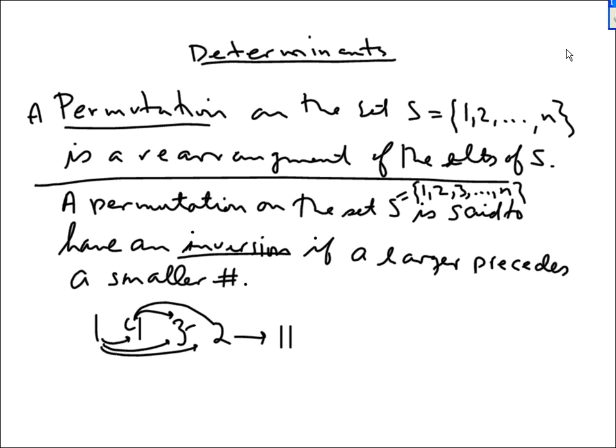And lastly, 3 is before 2, and 3 is bigger. So 1, 4, 3, 2 has 3 inversions.